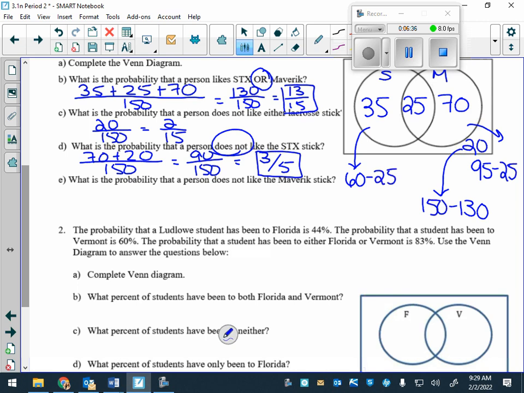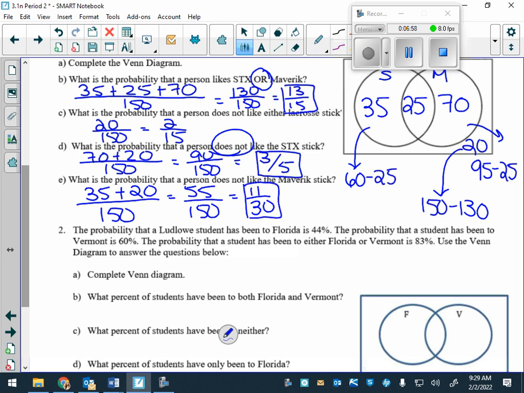Yeah, Kaden. How'd you get it? Good. 55 over 150. 11 out of 30. Awesome.